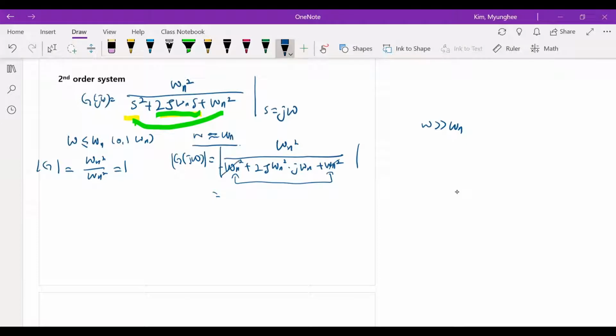So the magnitude is nothing but 2ζ. And when the ω is much, much larger than ωn, it becomes G.